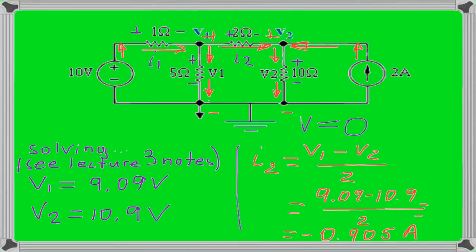But it is fine. So you have negative current, and you can say that the current I2 goes from node V2 to node V1. And once we know the value of each current, and we know resistance, we can find the voltage across each resistor or the power delivered or dissipated by any resistor in the circuit.